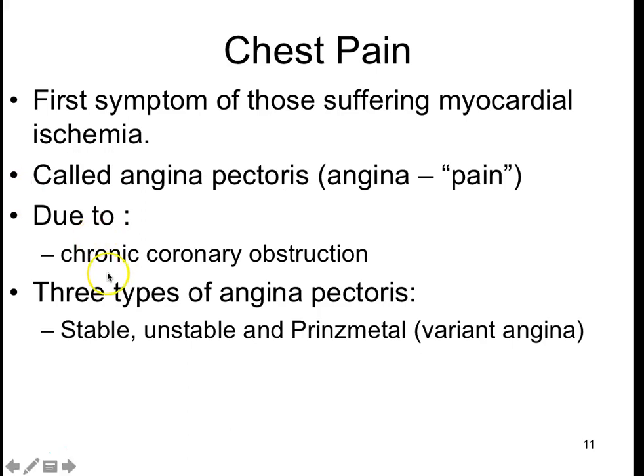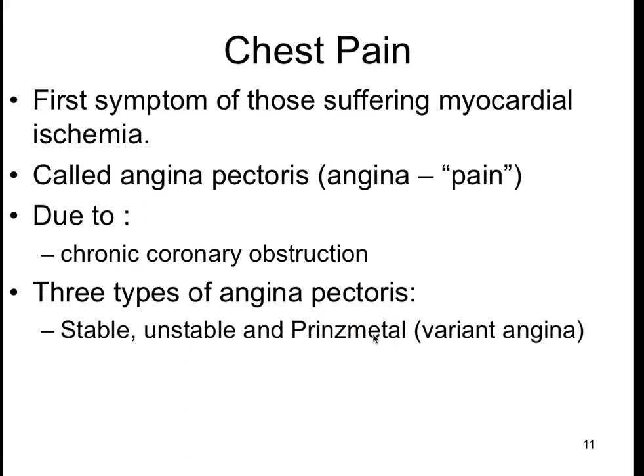And there's some sort of problem with blood flow through the coronary arteries, or chronic coronary obstruction. There are three types of angina: stable, unstable, Prinzmetal, which is also called variant. Prinzmetal is actually the name of a guy who discovered it.